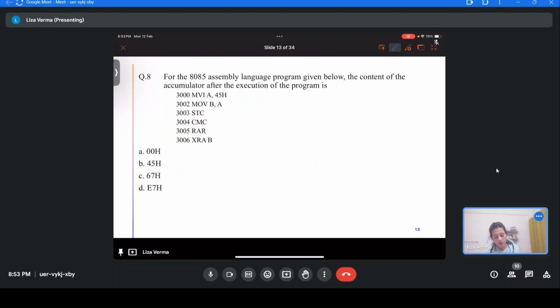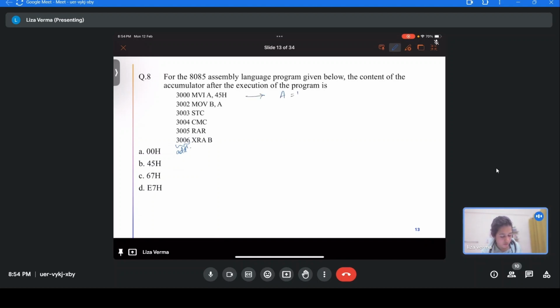Next question. For the 8085 program given below, what is the content of the accumulator after execution of the program? So these are the addresses. What will this instruction do?